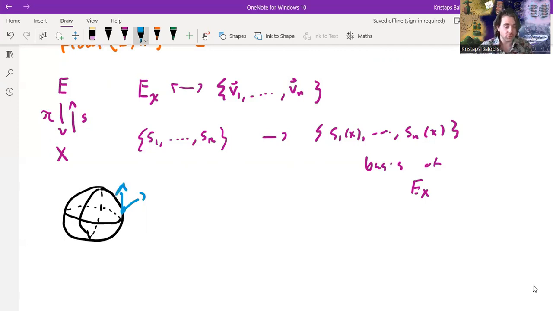So an individual section in our tangent bundle is a vector field, and the hairy ball theorem says that it has to vanish somewhere. So even if over half the sphere you could pick these sections that carve out a basis everywhere, one of those has to be the zero vector at some point, and therefore the two of them together can't be a basis at every single fiber.